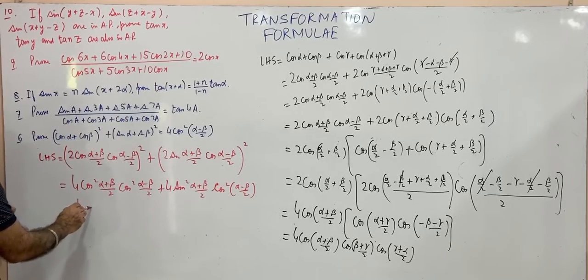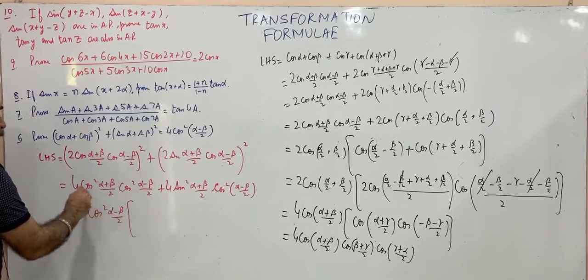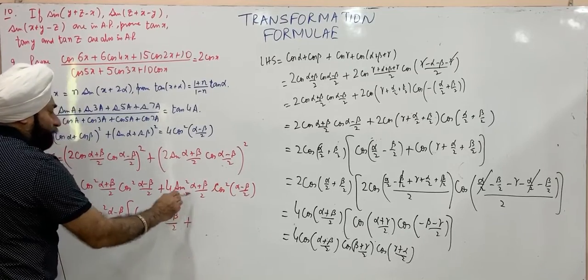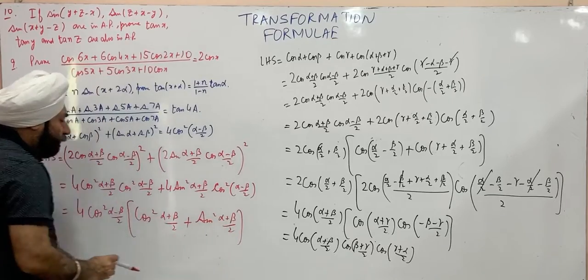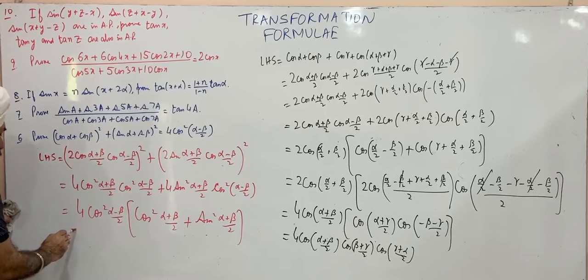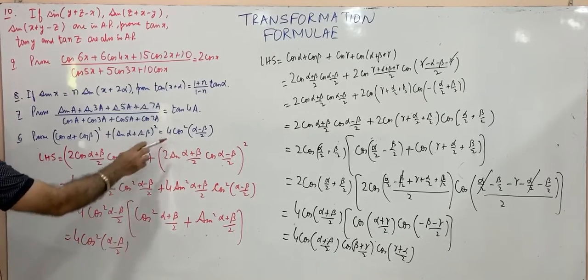That's 4. Taking cos square (alpha minus beta)/2 common, inside is cos square (alpha plus beta)/2 plus sin square (alpha plus beta)/2. Now cos square theta plus sin square theta is 1. So this gives us equal to the right hand side, 4 cos square (alpha minus beta)/2.